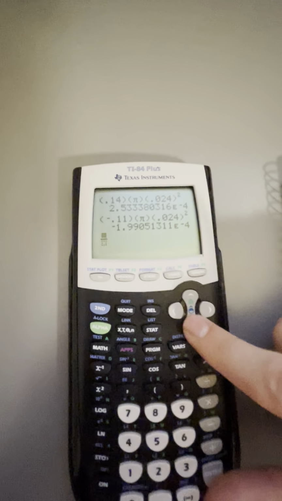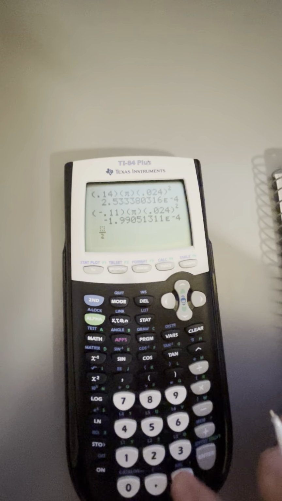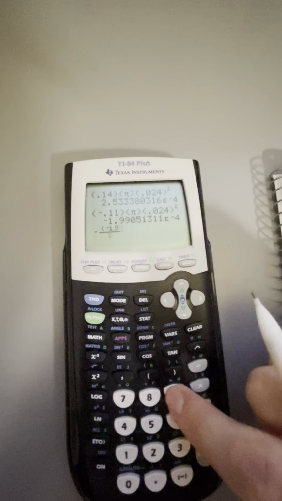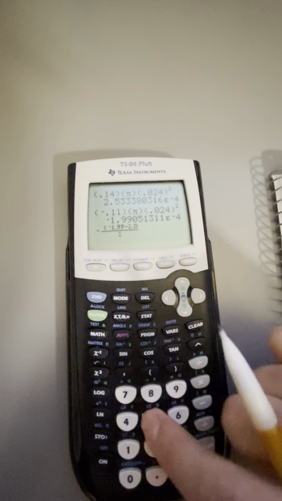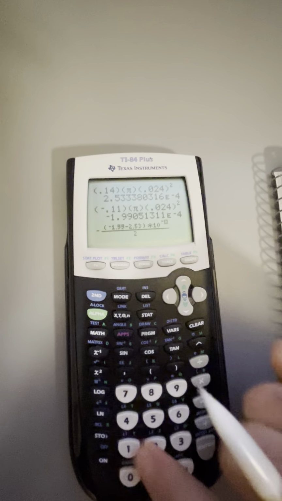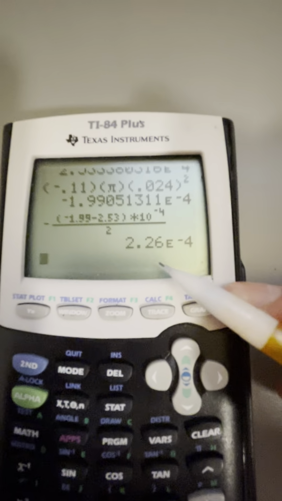Let's plug that in. We have two negatives, so negative out in the front, then 1.99 minus 2.53, times 10 to the negative fourth, and that gives us 2.26 times 10 to the negative fourth.